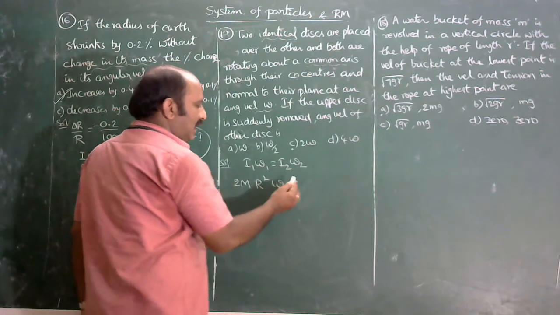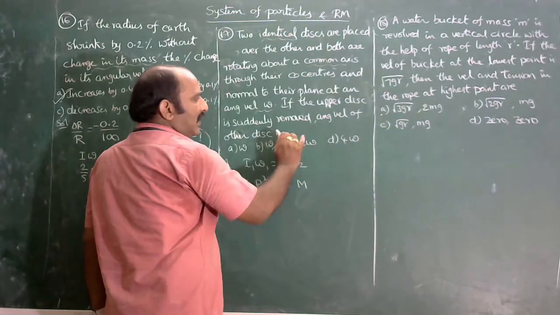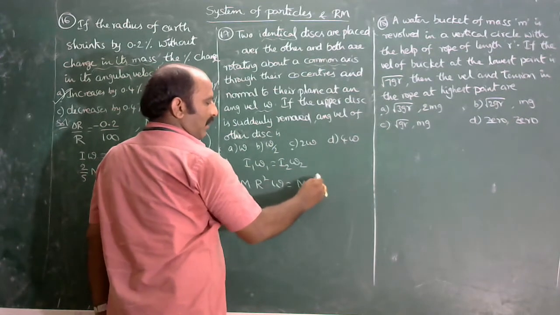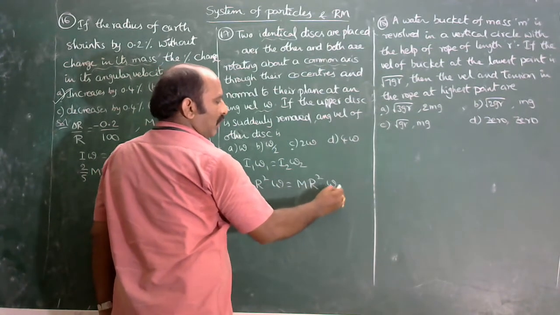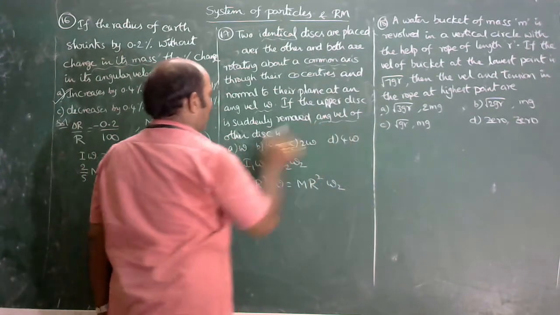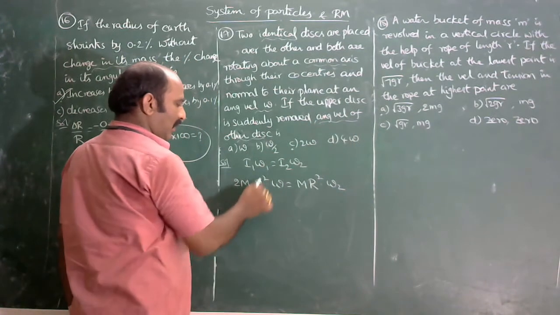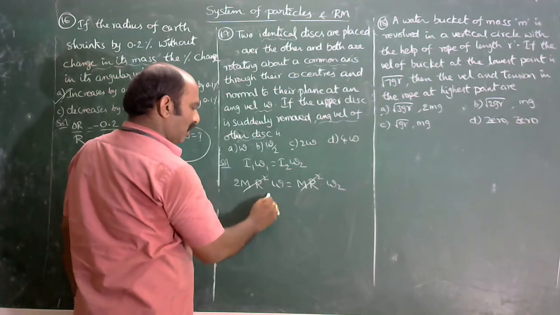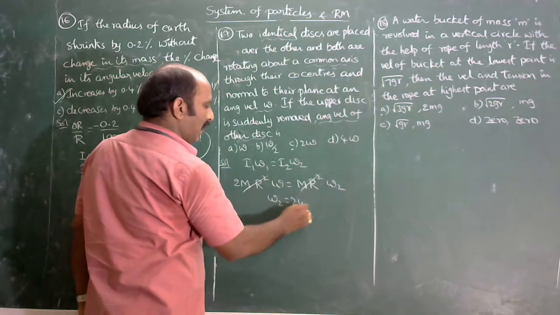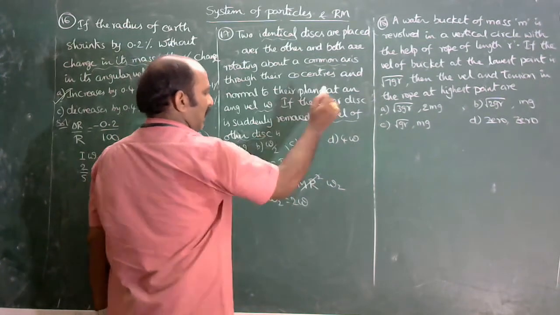Then mass is only m. The radius doesn't change, m r square, into omega 2. I want to find angular velocity of other disk, omega 2. Both sides m r square get cancelled. Omega 2 is equal to omega. So option C is correct.